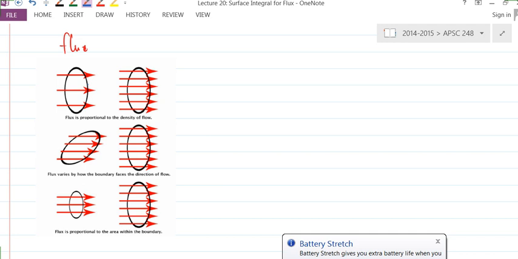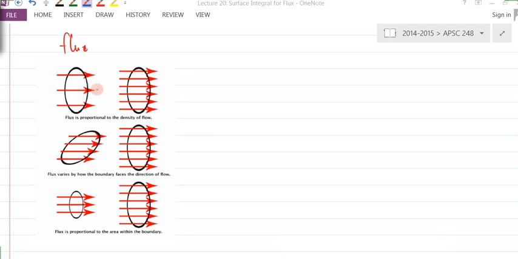Now you can see, as I mentioned in the lecture, the amount of quantity going through the surface depends on three things. One is the strength of the field. The strength of the field can generally be represented through these streamlines.